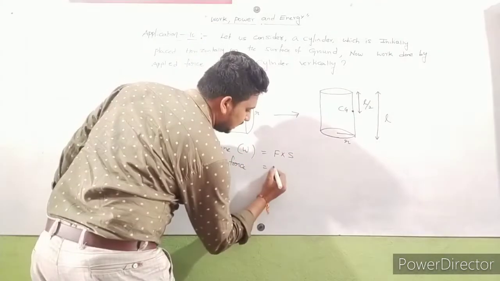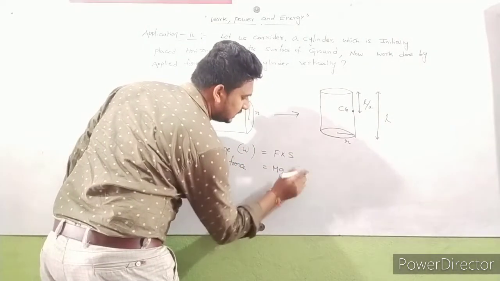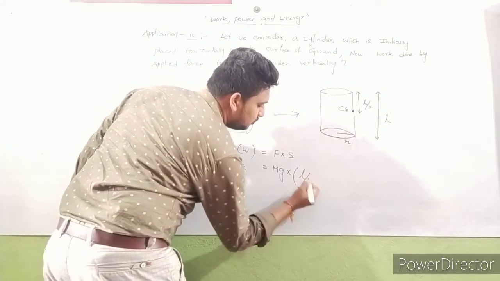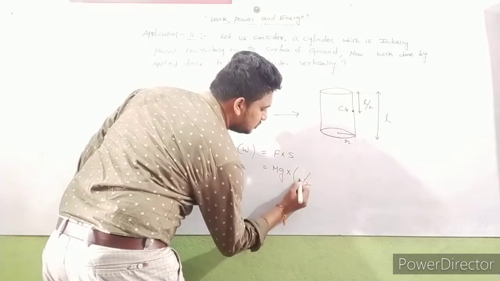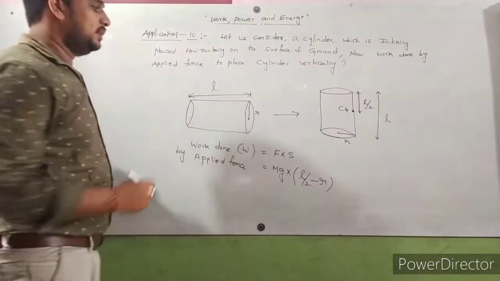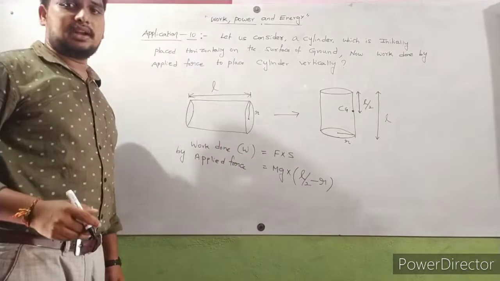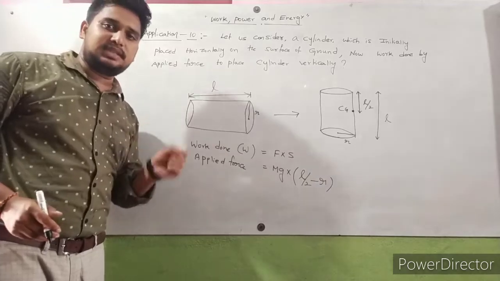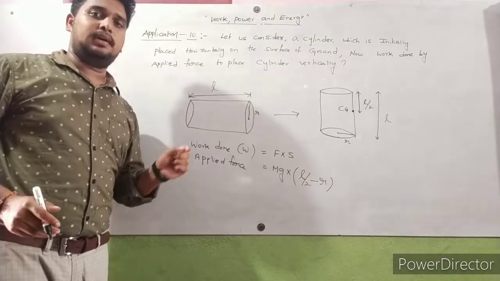Force is nothing but mg. Displacement is nothing but here it is lifted to L by 2 minus R. This L by 2 means the distance from the center of gravity. L by 2 is considered here for a uniform cylinder, chain, rod, rope, ladder.